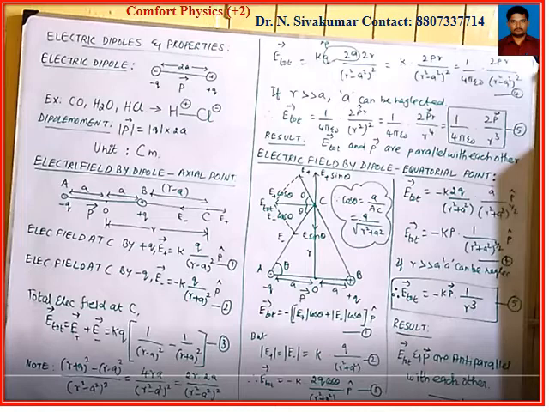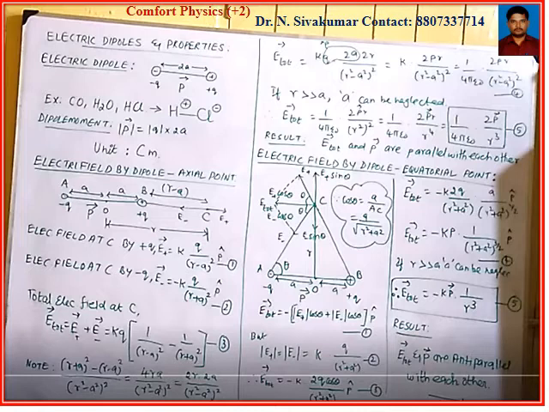As we discussed earlier, the product of charge and the distance of separation is the dipole moment. Therefore, K into the dipole moment p, and the remaining value is 2r. So 2pr divided by (r square minus a square) whole square. We know the value of k as 1 by 4 pi epsilon naught, so E equals 1 by 4 pi epsilon naught times 2pr divided by (r square minus a square) whole square. Let us consider this as equation number 4.